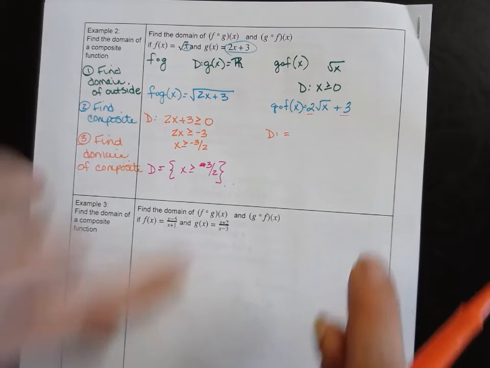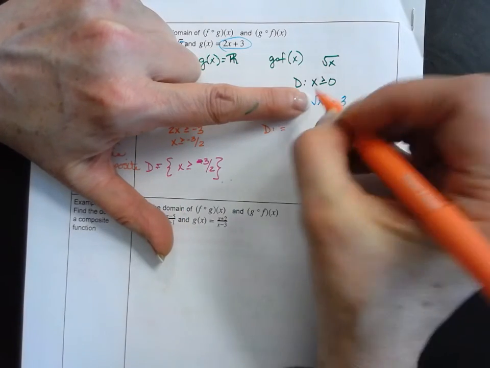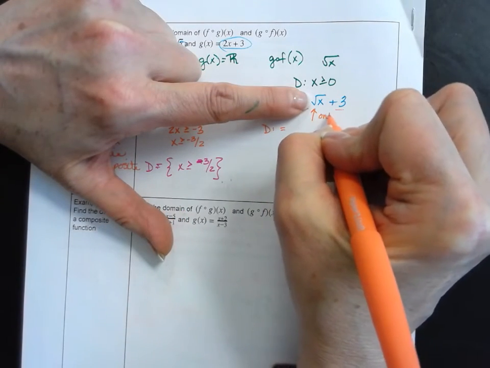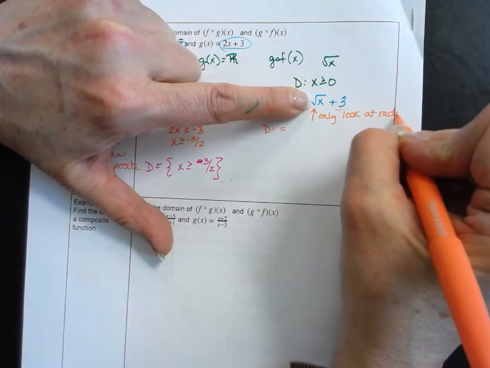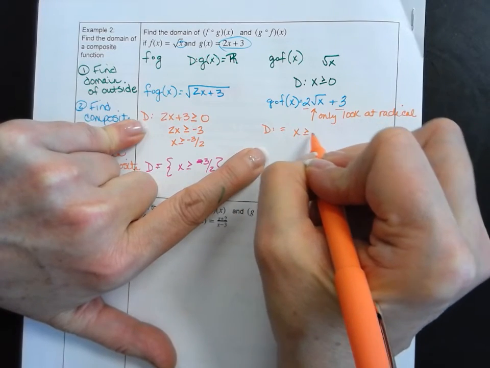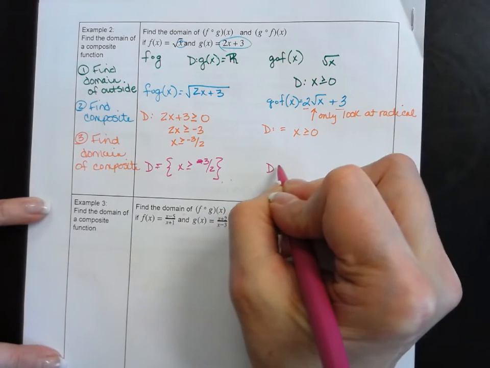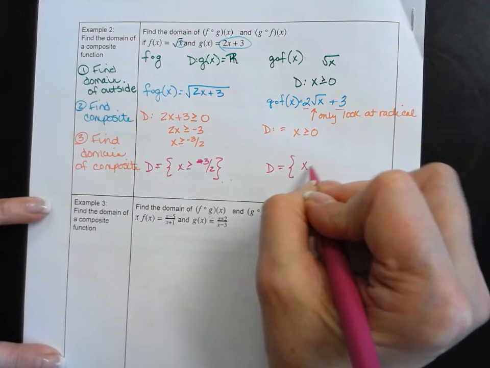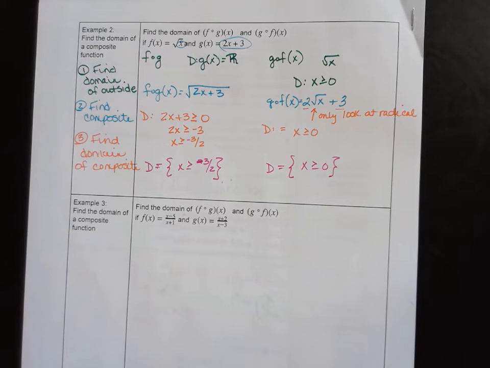When you're finding domain, you only have to deal with what's under the square root, so only look at the radical portion. So it's just going to be, again, x is greater than or equal to 0. That's the same, so my domain is just x is greater than or equal to 0.